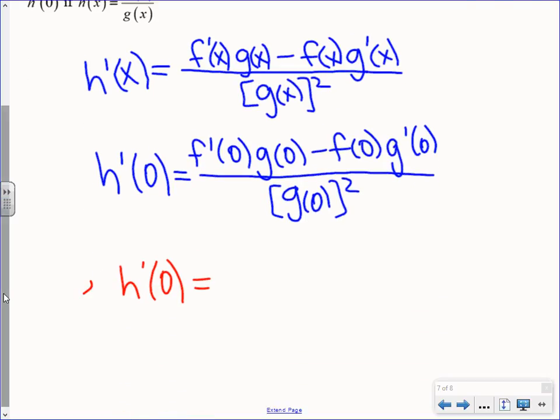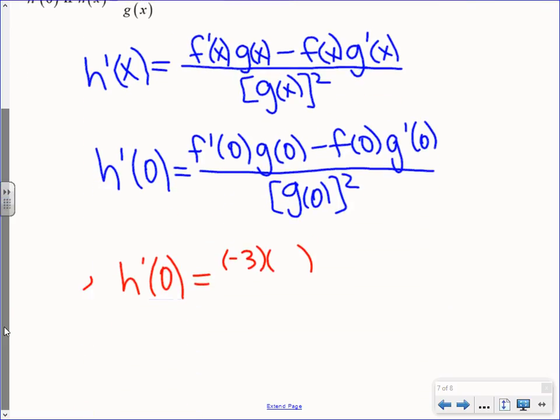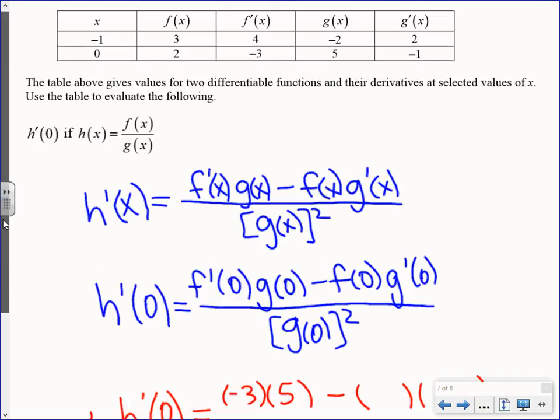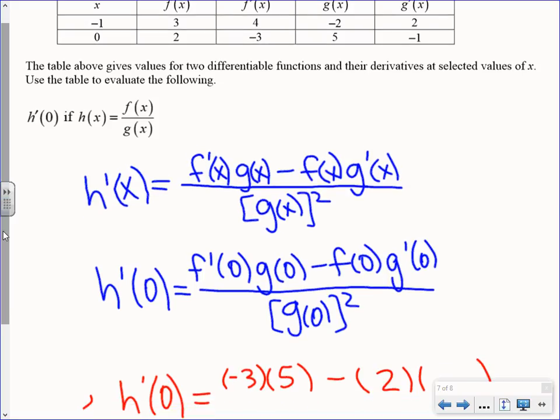-3. Remember to use parentheses. What is g of 0? Minus. What is f of 0? Times g prime of 0.